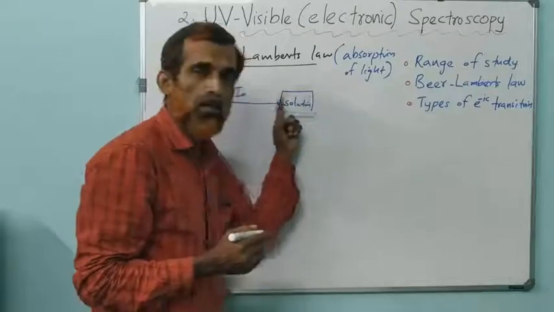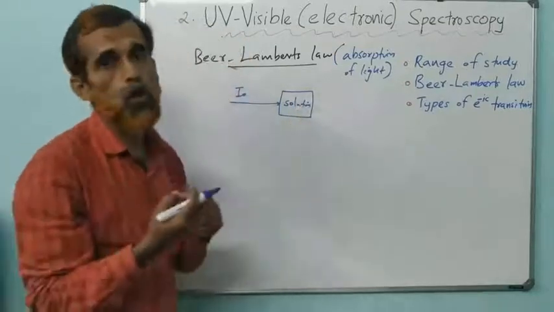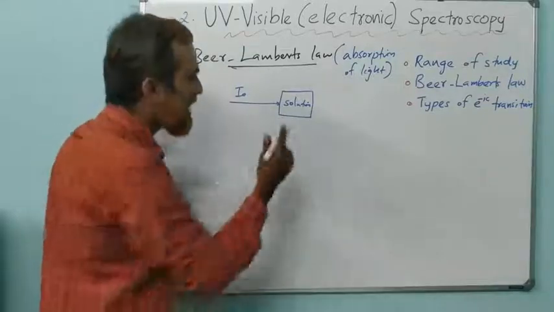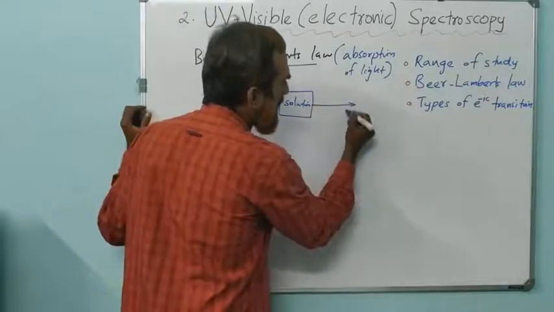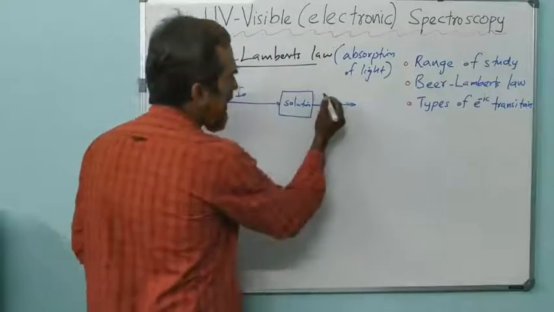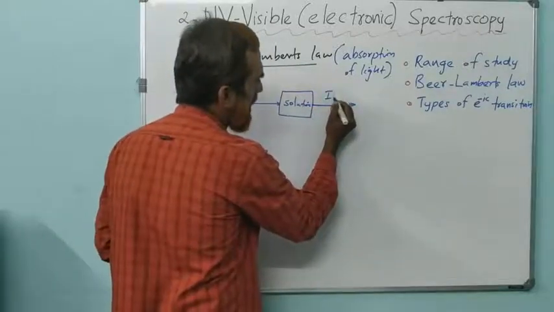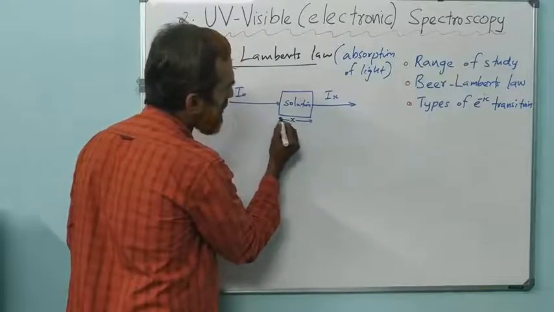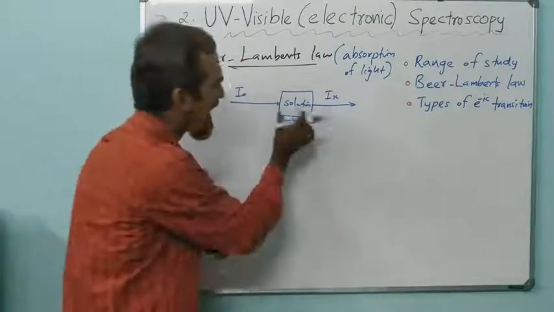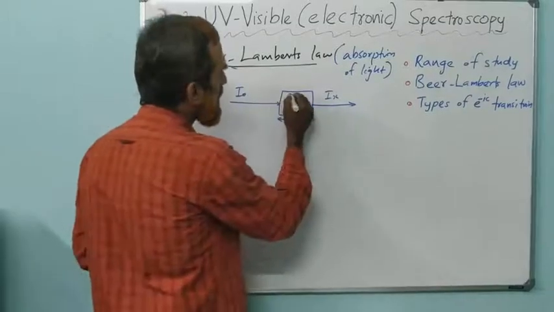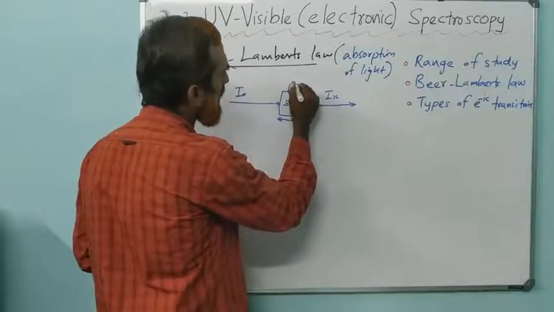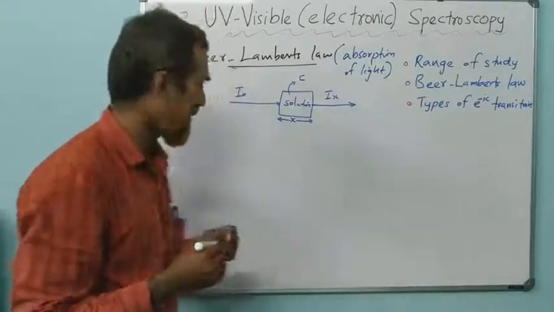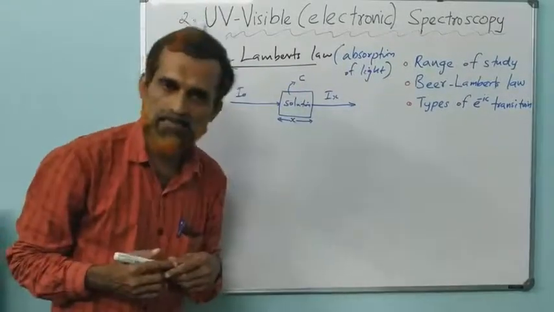The molecules in the solution will absorb part of the radiation so that the intensity of the transmitted radiation will be less. Let's say it is Ix, and I am marking here the length of the solution, thickness of the solution is X. And also, suppose the solution taken here has a concentration of C moles per liter, molar concentration. What does this law say?